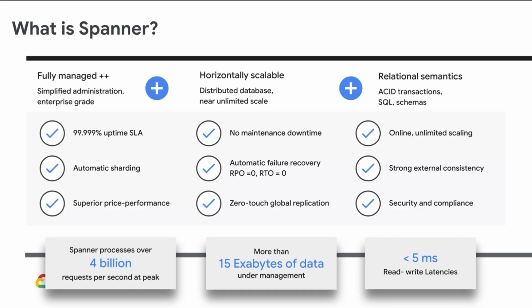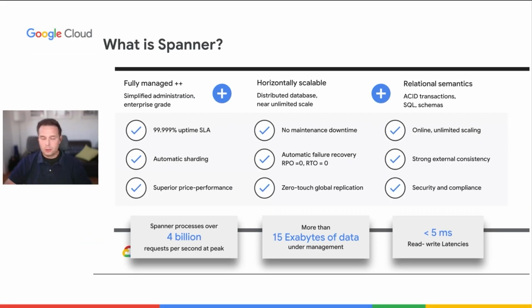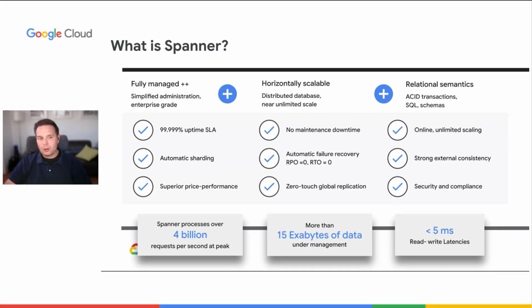And despite Spanner's comparatively young age, it's a battle-proven technology used internally for a wide range of Google products, as well as extensively by our cloud customers, even in heavily regulated industries like finance.